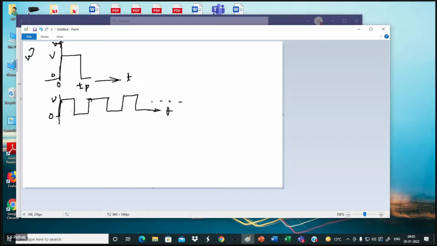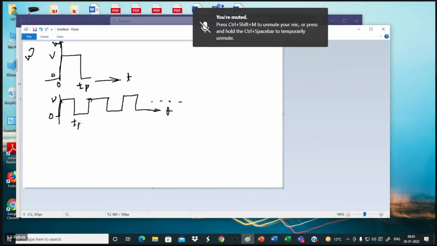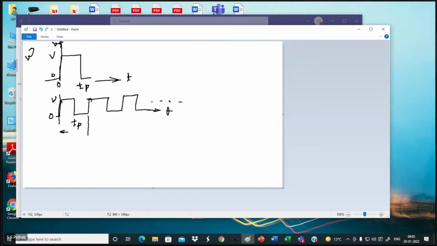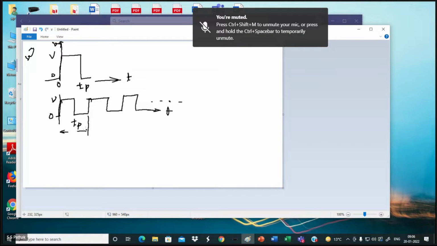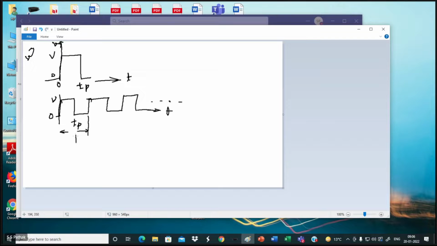It is repeating, and pulse width is Tp. Pulse repetition time is from here to here. Because the same phase of the pulse should come, I will call it a capital T as a time period. So that's how it is applied to control a switch.